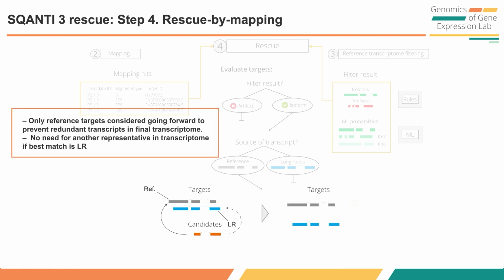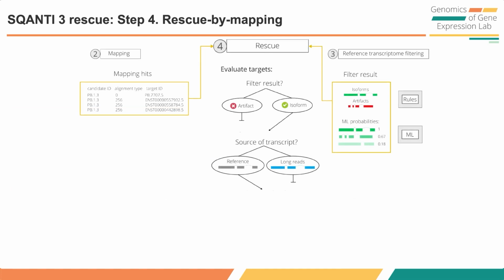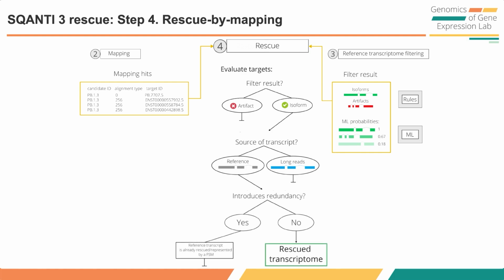From this point forward, only targets selected from the reference transcriptome will be considered to avoid adding redundant transcripts to the final transcriptome. For example, if a rescue candidate's best match is another long-read defined transcript from the same gene, there's no need to add another transcript as a rescued representative, since the best matching transcript is already included in the transcriptome. The third one is removing redundant reference transcripts.